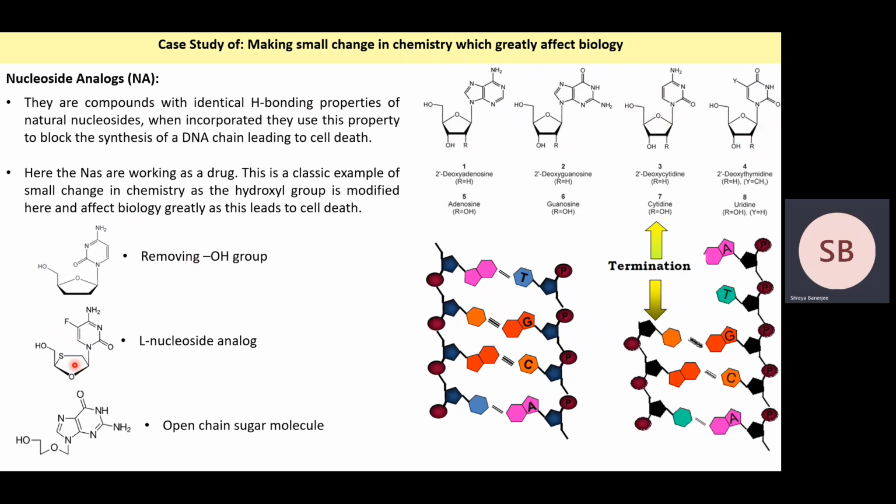Instead of this, if the orientation is reversed, then it forms an L nucleoside analog. The third kind of nucleoside analog is if instead of the cyclic 5-membered sugar molecule, there is an open chain sugar molecule. So all these will eventually lead to termination of the DNA replication and hence cell death.